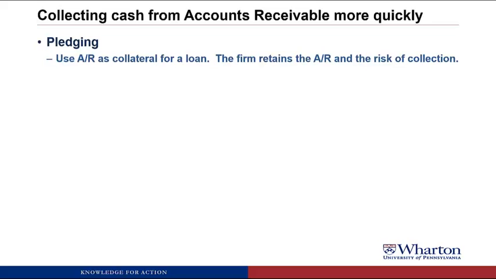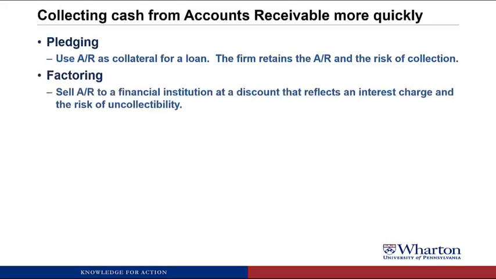As long as you paid back the loan, you would obviously keep the accounts receivable and collect them in the course of business. But if you didn't pay back your loan, the financial institution could seize those accounts receivable, collect them, and keep the cash. But in this case, the firm keeps the accounts receivable and still has to collect them, still has to take the risk in order to pay back the loan.